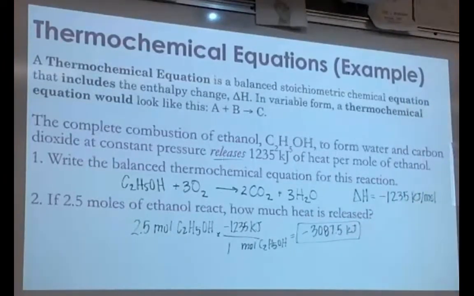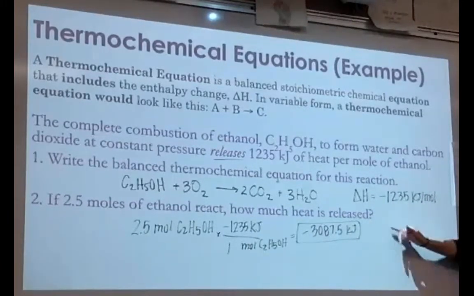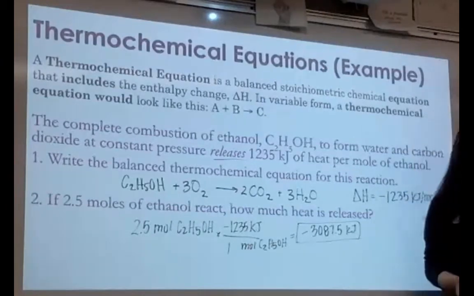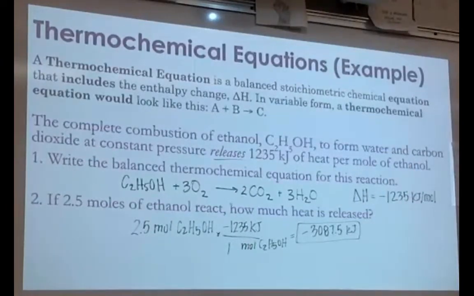Now here's a quick thing as we're working through thermochemistry. Because the problem already says how much heat is released, this released already tells us the number should be negative. So if you actually would just put 3,087.5, you would still get that point, because it's already saying that it's released.